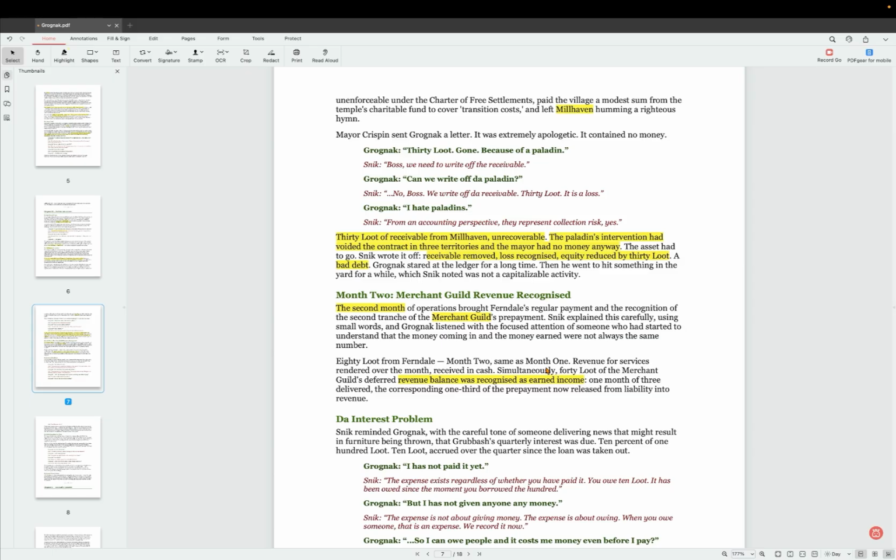The company can recognize a portion of the deferred revenue as earned revenue. The total contract was 120 loot for 3 months, which means 40 loot of revenue is recognized each month. This transaction reduces the deferred revenue liability and recognizes 40 loot of revenue.